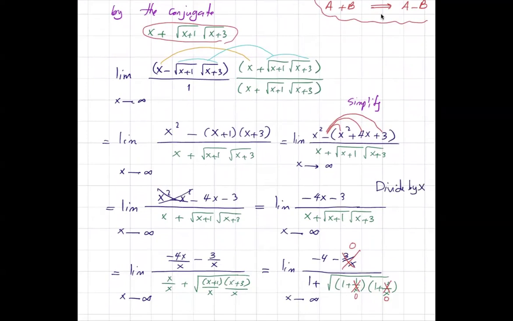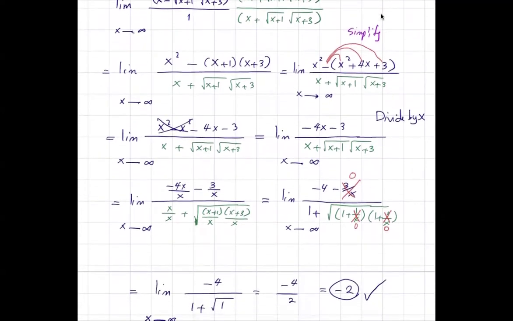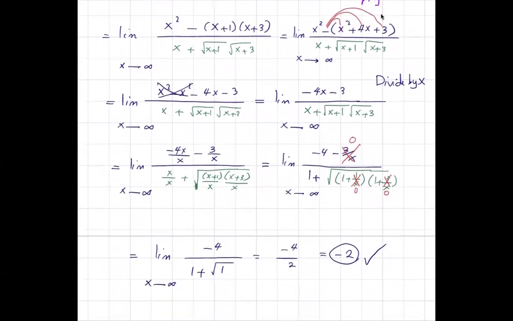But when you divide the denominator by x, you have a square root. It means that you have x squared. So the square root of x squared is x. So that's how you end up with 2 x's down here. Well, when x goes to infinity, 1 over infinity is 0. So you end up with negative 2 as the limit of this function.